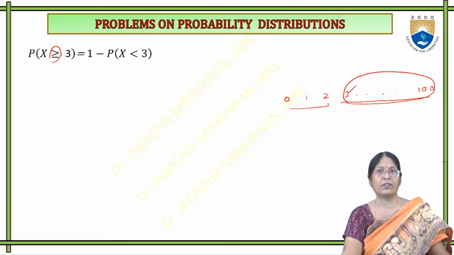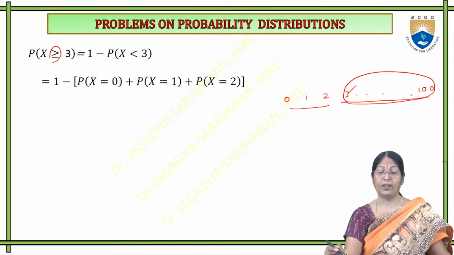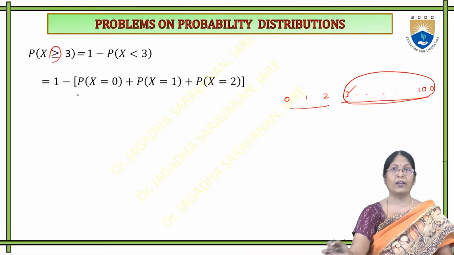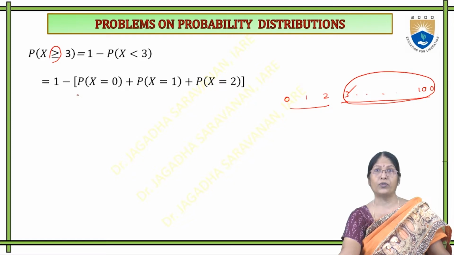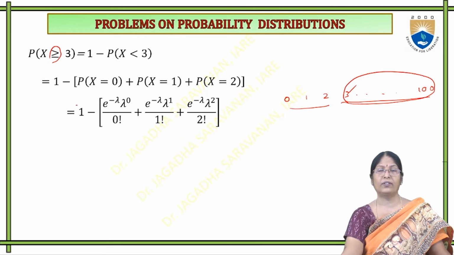That is what we have done, to save time. So 1 minus P of x equal to 0, 1 and 2.